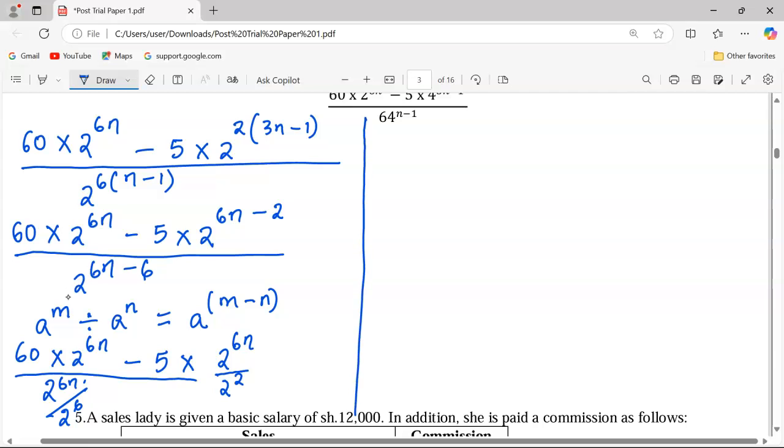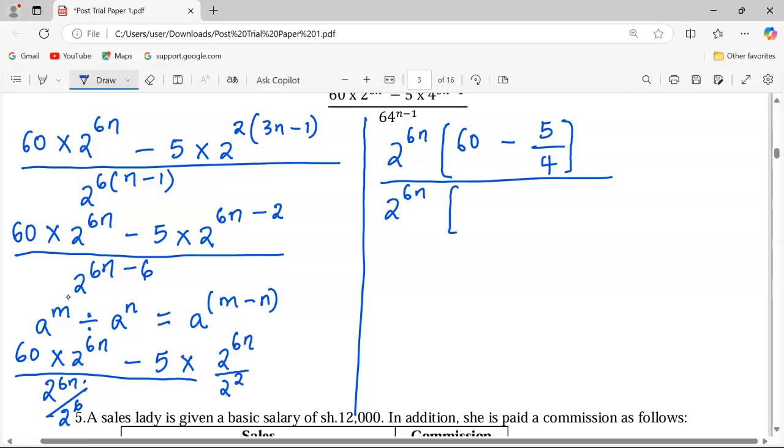When we factor it out, I'll have 2 power 6n, then in the brackets, I have to remain with 60, then minus 5 divided by, instead of multiplying by 2 power 6n, now I'll be dividing it by 2 power 2, which is 4. Then divided by, at the denominator, we also have 2 power 6n being common. And now we will remain with 1 out of 64.